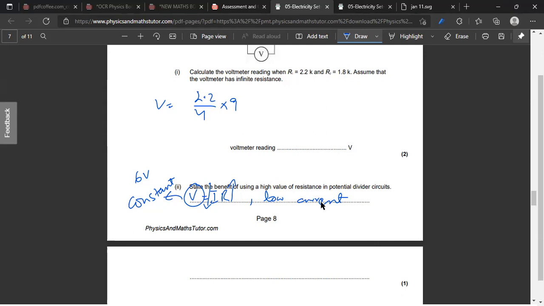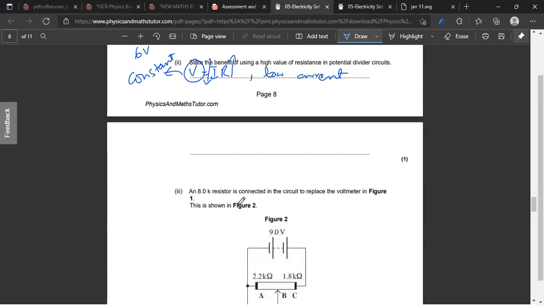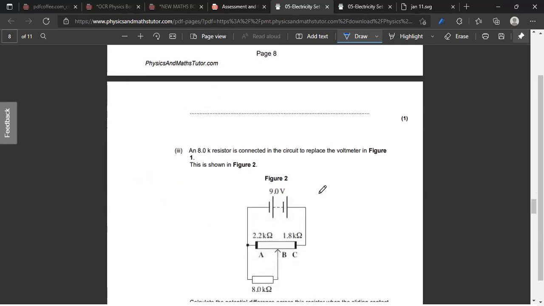Could you go over part 3 as well? It says a resistor is connected to replace the voltmeter.